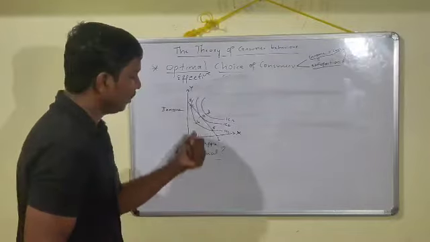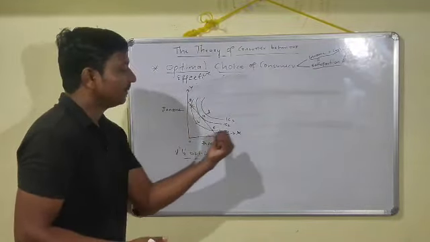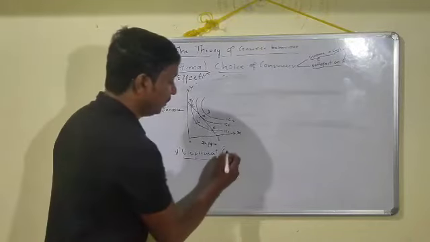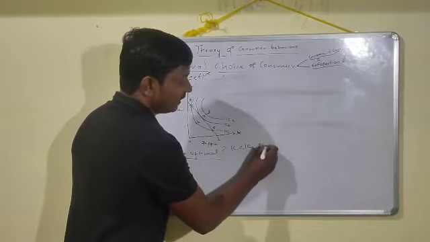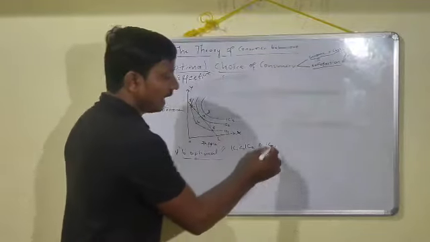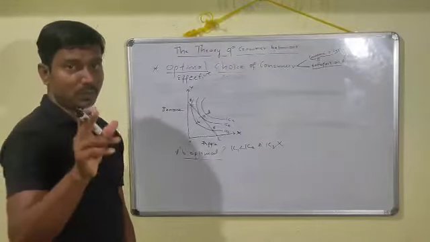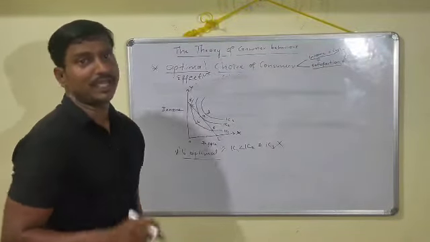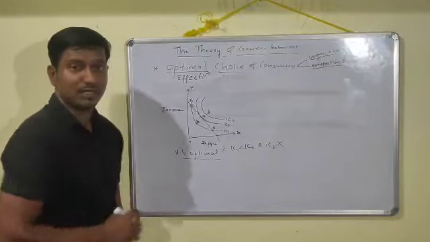No, I don't think so. Why? Because point B can be purchased within the income level, but it is on IC1. As we know, IC1 is less than IC2 and IC3, hence I don't accept this; it is rejected. Point B cannot be called an optimal point unless it gives a higher level of satisfaction within the level of income. So point B is not our optimal point.